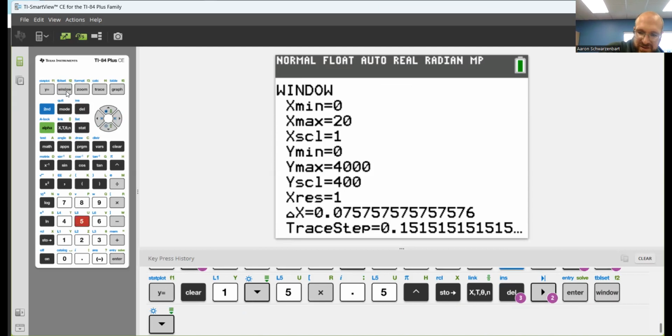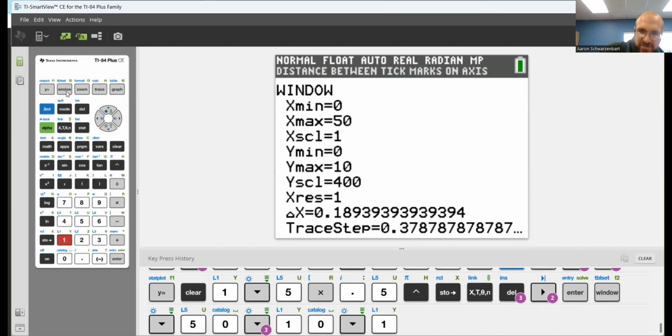Window, I think I need to go to 50. This doesn't need to be greater than 10 because I started at 5.